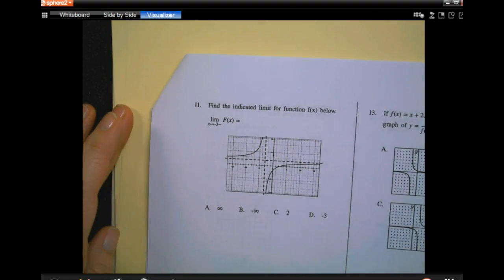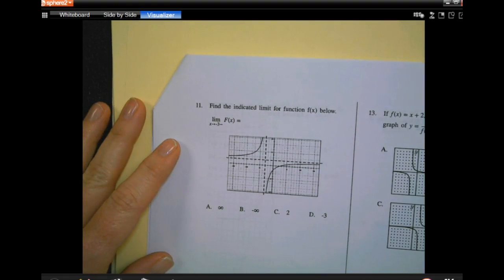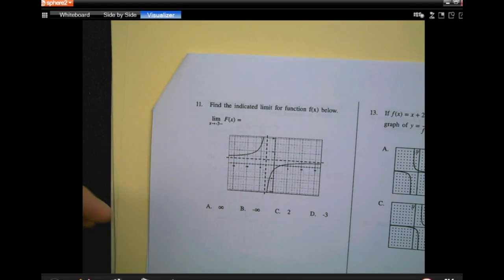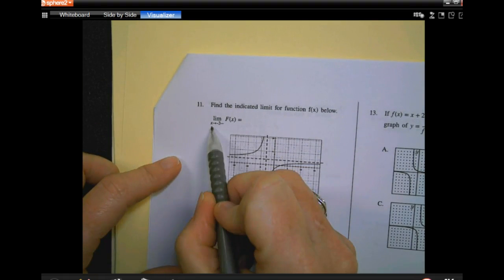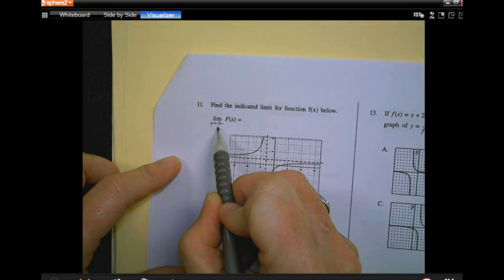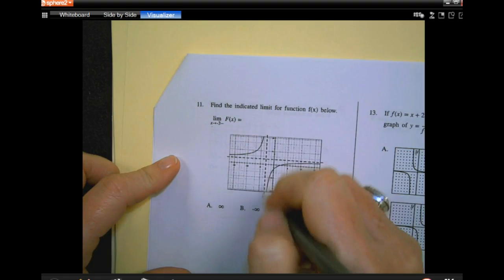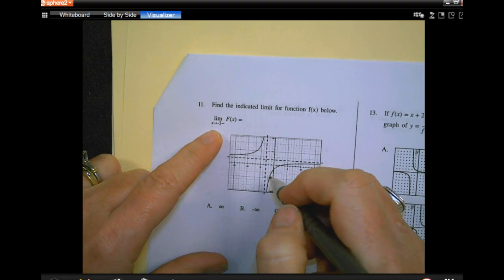Number 11. Find the indicated limit for the function. Okay. You guys, stop talking. So first of all, this is asking for the limit as x goes to -3. So here's my negative 3. This is where the asymptote is, but it wants it from the negative side.